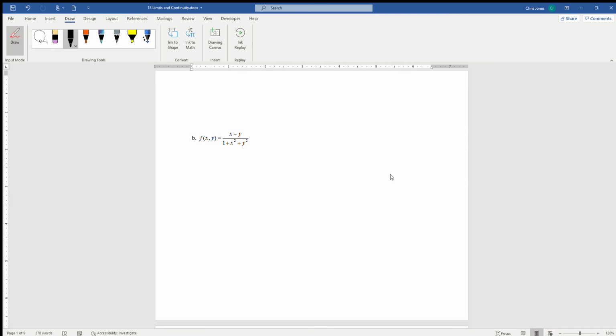A second example. We have a function f(x, y) equal to (x - y) divided by (1 + x squared + y squared). We know with any rational function, the denominator cannot be equal to 0. So 1 + x squared + y squared cannot be equal to 0, or in other words, x squared + y squared cannot be equal to negative 1. And so we think to ourselves, what's the set of values for which that's true?